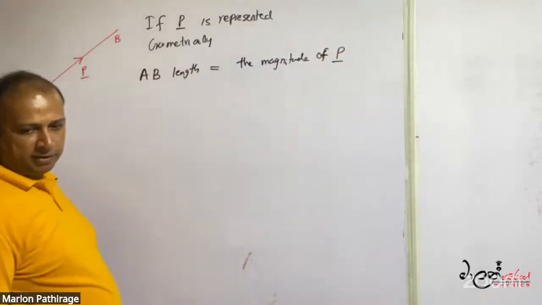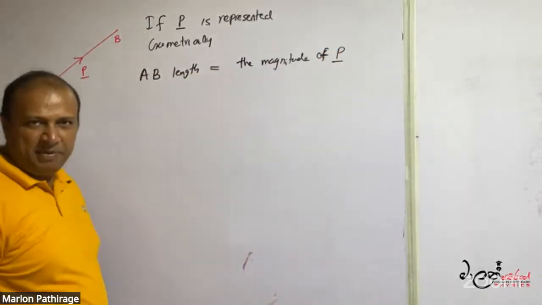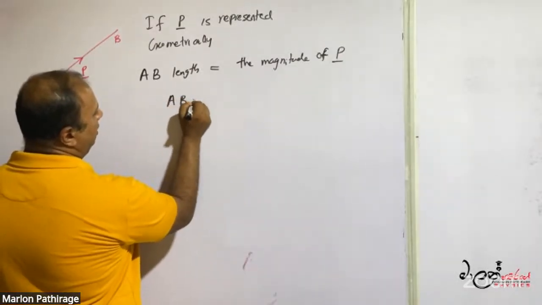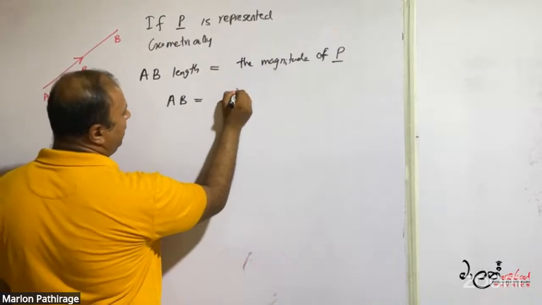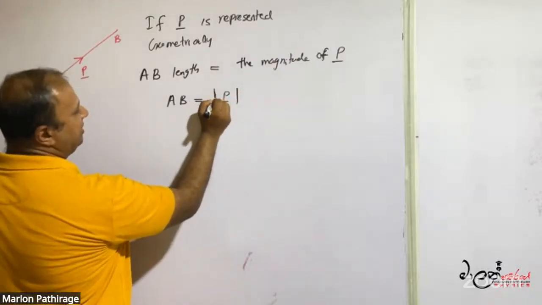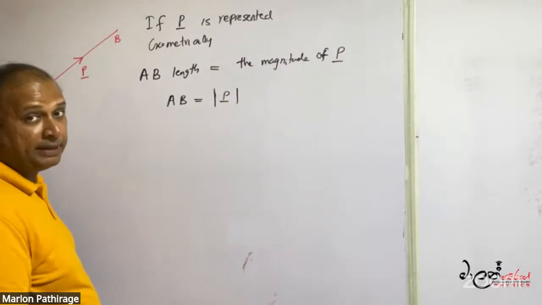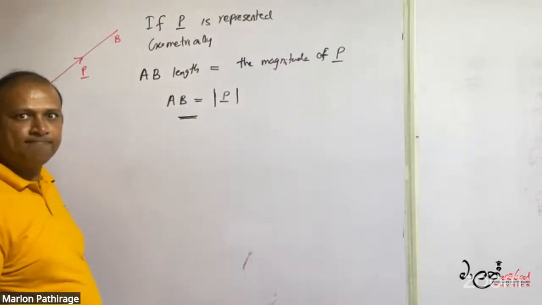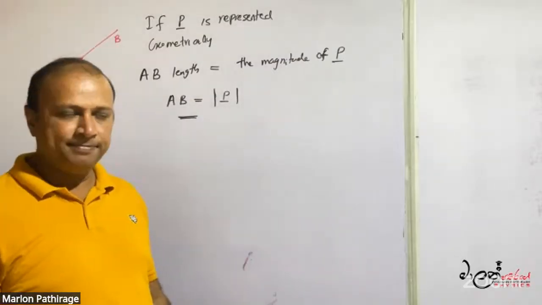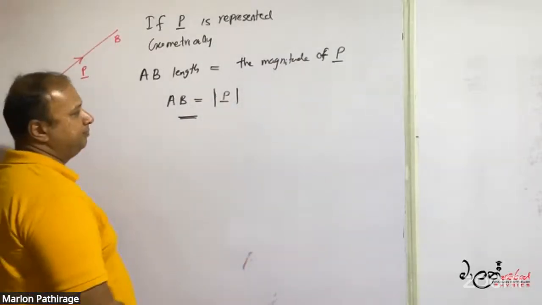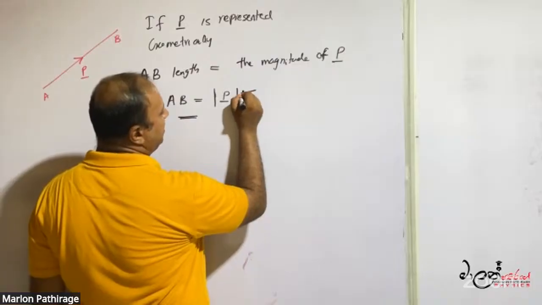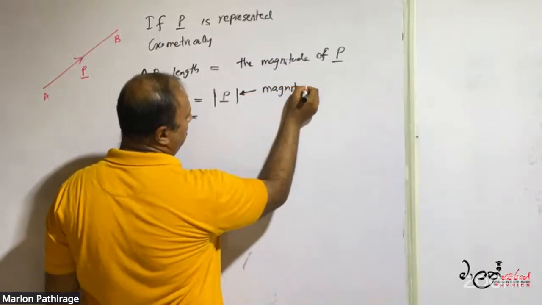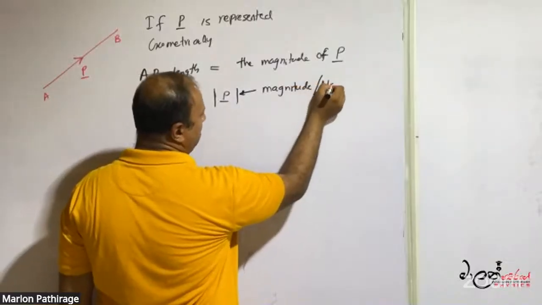Therefore I can write AB equals the magnitude of P vector. This is the symbol for the magnitude of P vector. Normally we call it the modulus, magnitude or modulus.